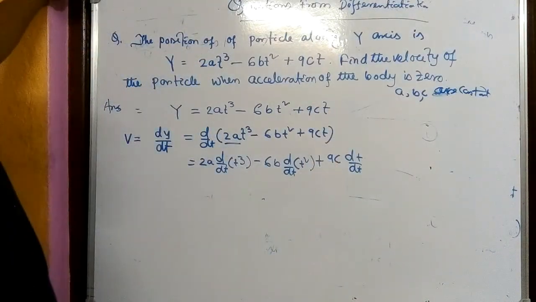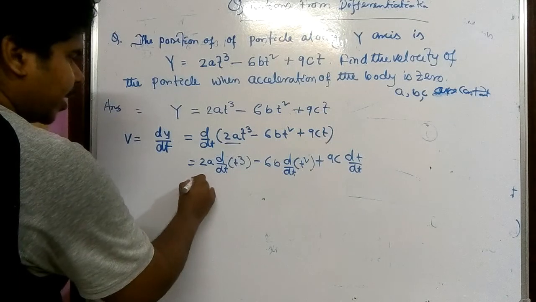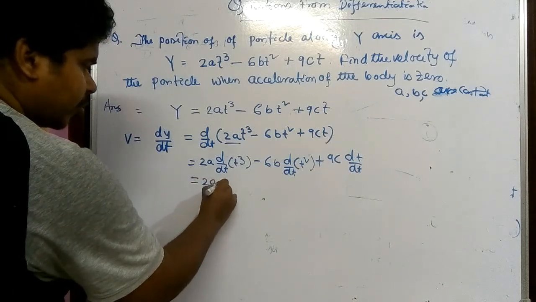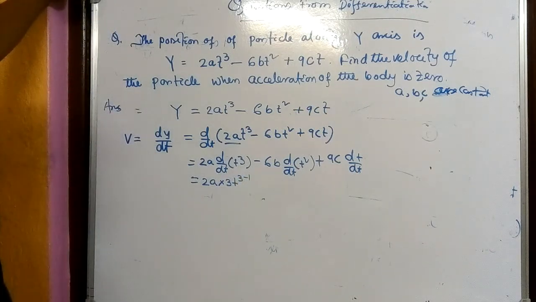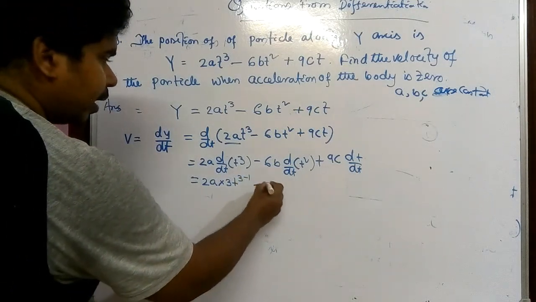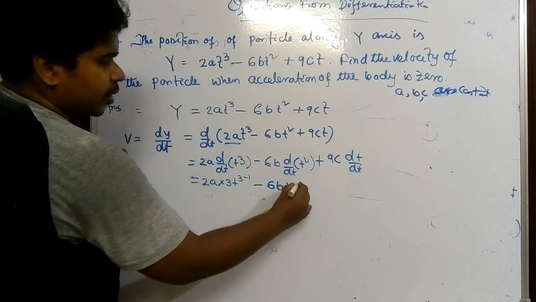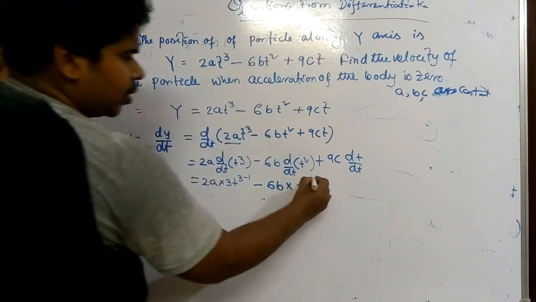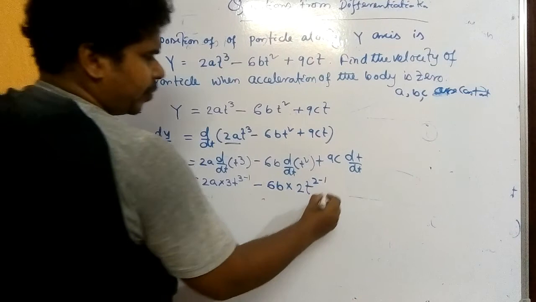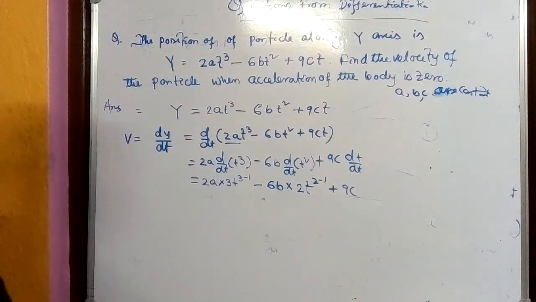So first t cube, again the equation is the same, that is n t to the power n minus 1. So what is n here? 3. So it should be 3 t to the power 3 minus 1, right? Minus 6b into t square means it is 2t, t to the power 2 minus 1, which is 1 definitely, plus 9c dt by dt, so it is 1.